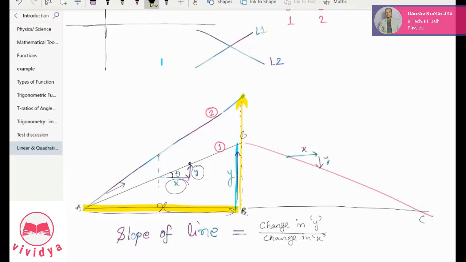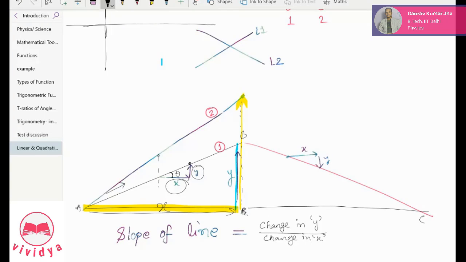First line or second line? Second line, right? Then the slope of the second line must be more, right? That's how it is defined. Change in y upon change in x. So if change in x in the first line and second line is the same, but change in y is more, it's a very intelligent way of defining the slope of a line. Slope of a line is defined by change in y upon change in x. Simple.